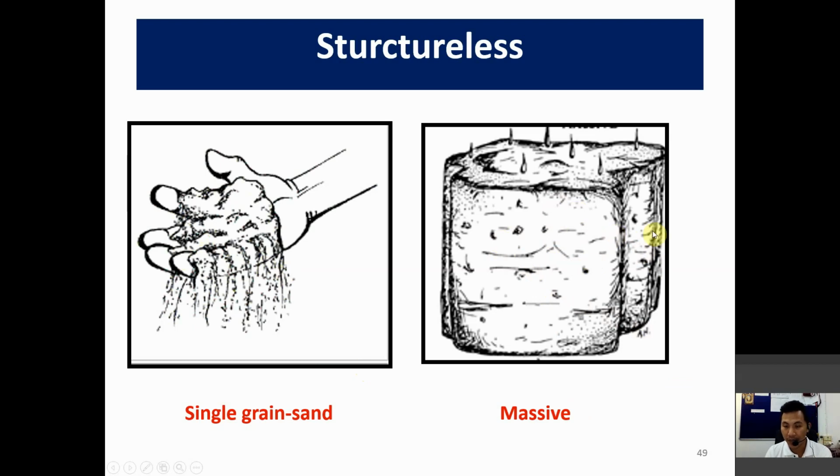All the clay particles are just stuck to each other, and water or air cannot pass through this type of soil structure. Both of these are really extreme cases: with single grain you can have a lot of air but a very small amount of water, but here you have a lot of water and less oxygen.